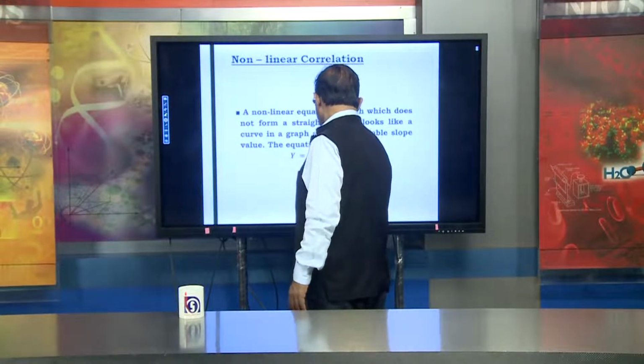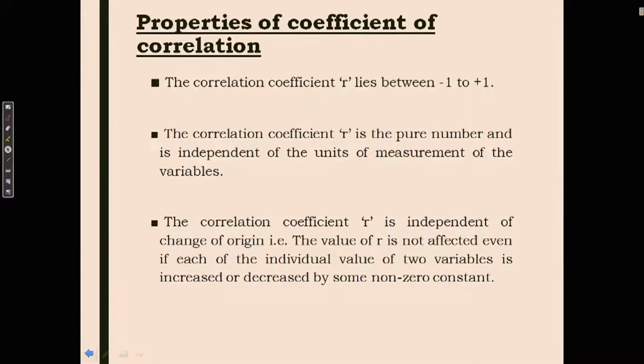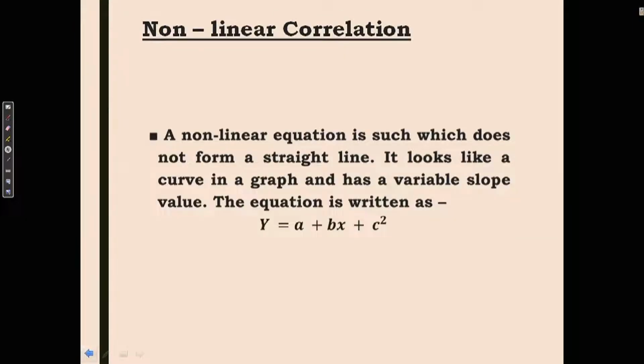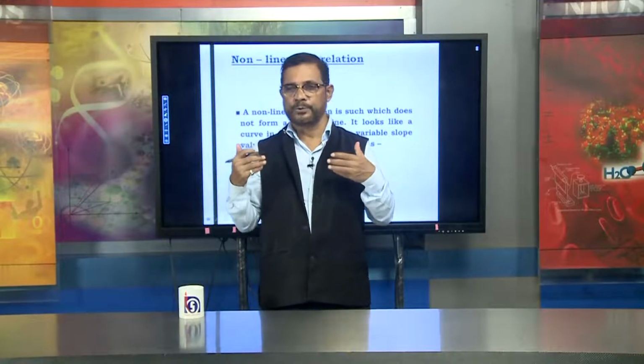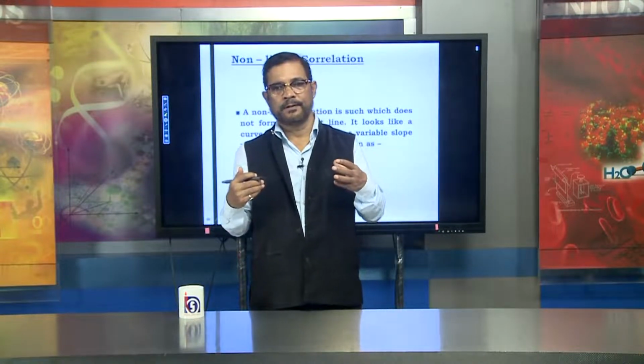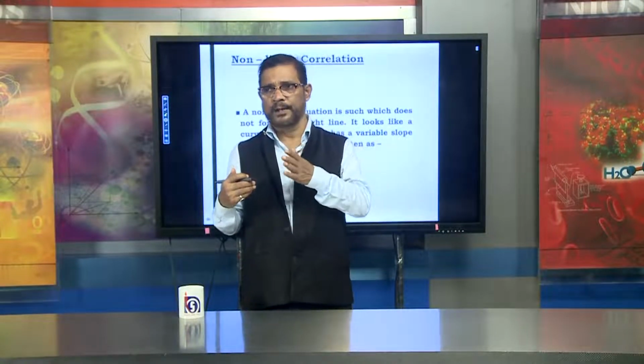So it shows different values of x and y. It means that proportionate values are not there in the two variables for which we are going to calculate the relationship in terms of correlation.